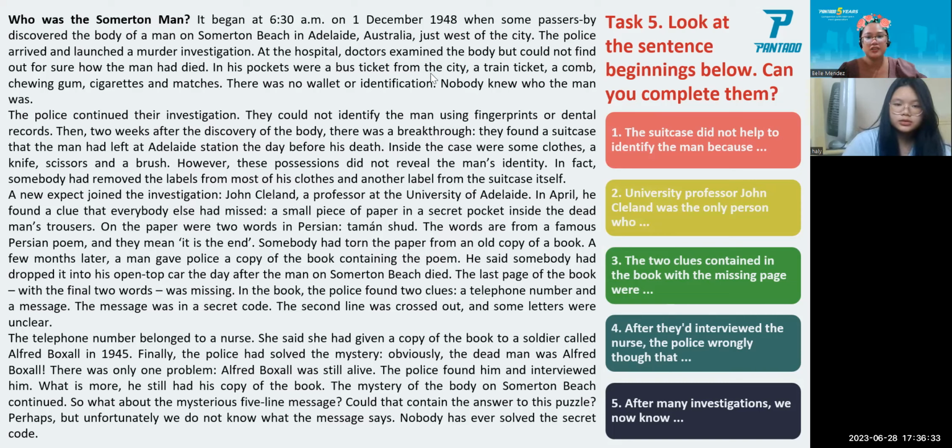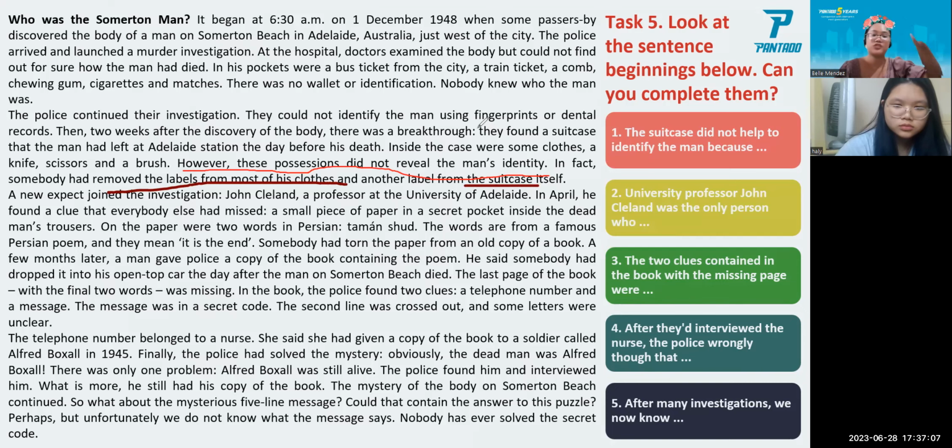Holly, what is your answer? The suitcase did not help identify the man because the labels were removed from the clothes, and also the labels from the suitcase itself.